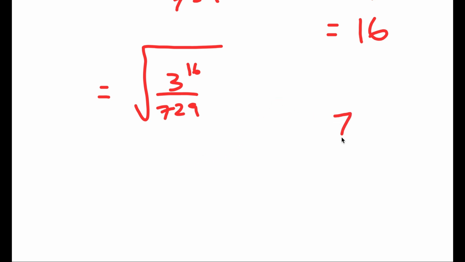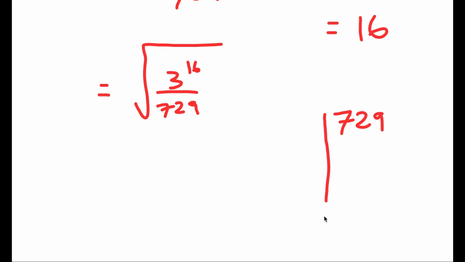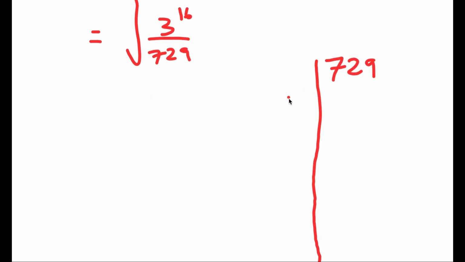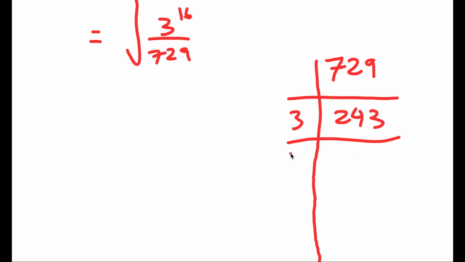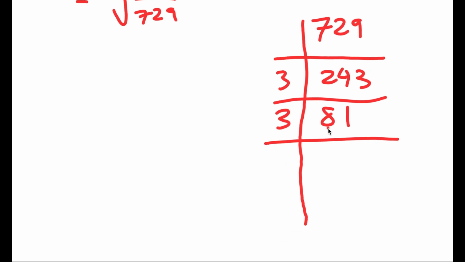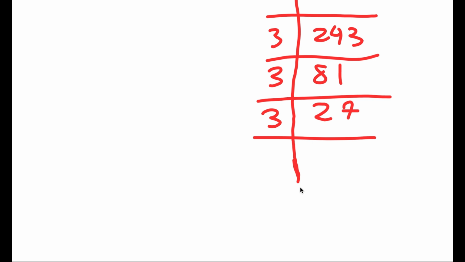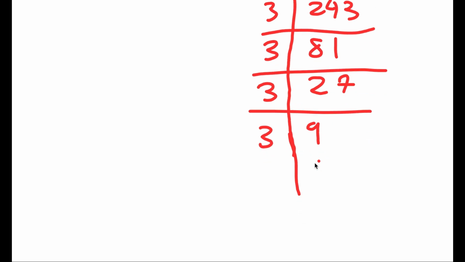Now, 729 is the same thing as 3 times 243. And 243 is the same thing as 3 times 81. Now 81 is the same thing as 3 times 27. 27 is the same thing as 3 times 9.